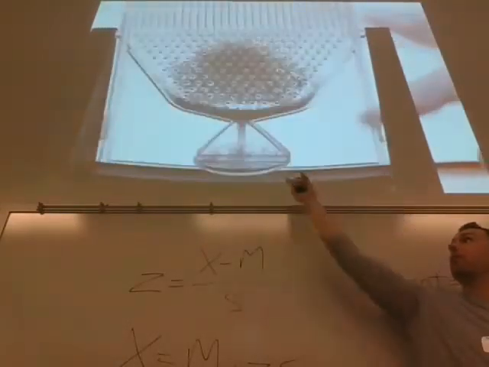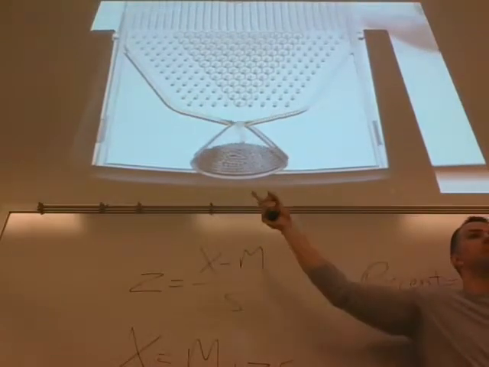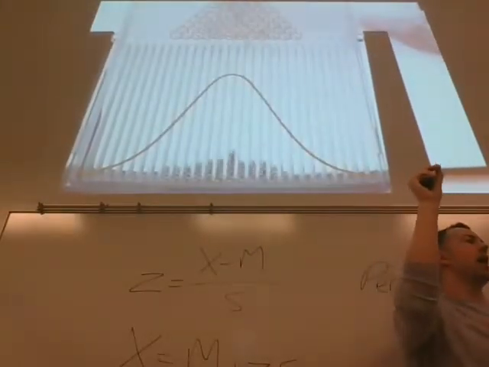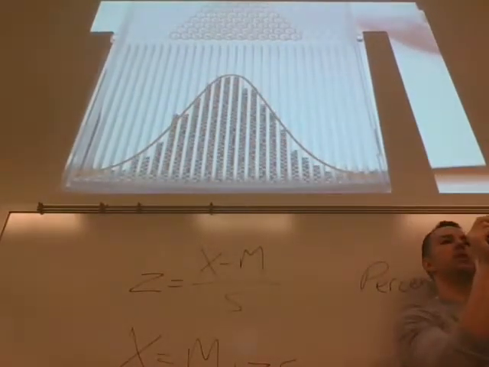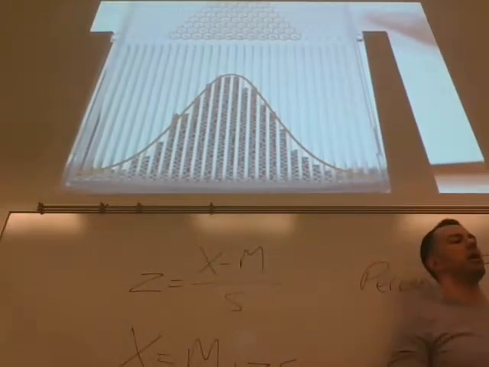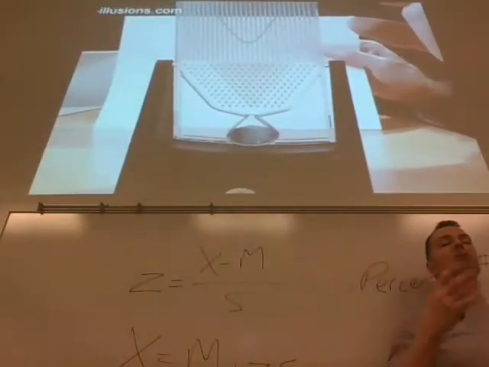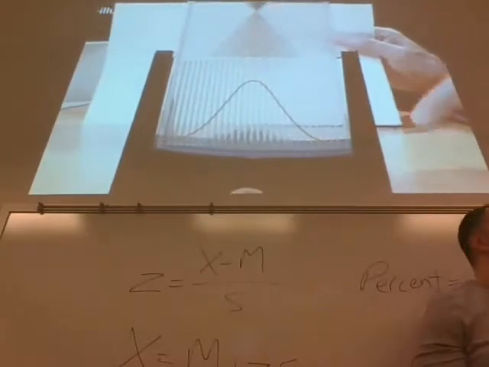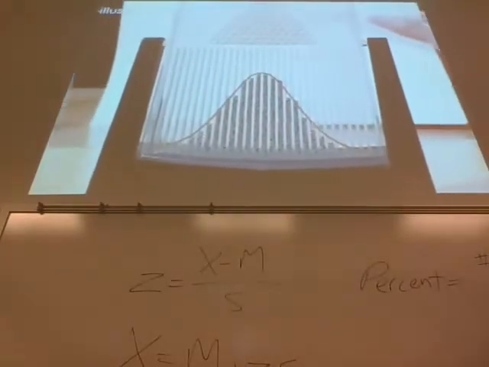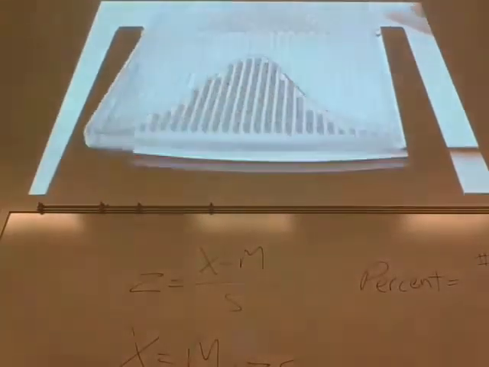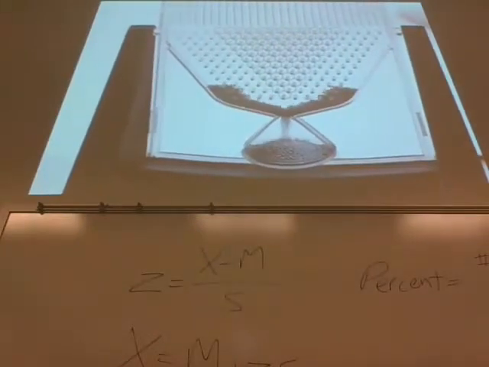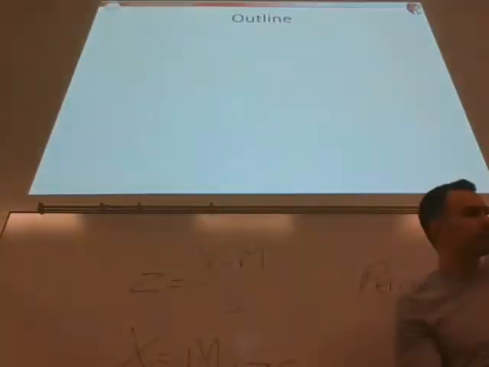So where you end up in this toy depends upon how many times hitting a peg made you go left, how many times hitting a peg made you go right. And because of that, they fall in that normal pattern where there's a higher proportion in the middle and fewer, lower frequencies on the extreme ends.